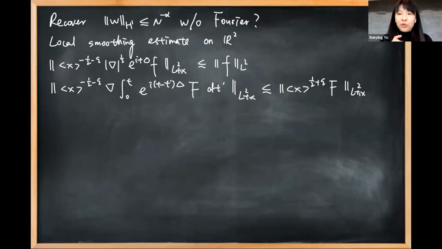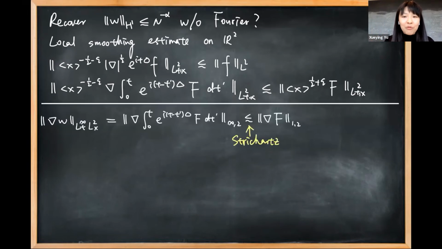So I'm going to try to present the calculation of this key estimate in the second half of my slides. Okay, three-line proof. So first, let me recall what we want to prove. We want to show the H1 norm of this Duhamel piece is very, very small. And this is the formula for this Duhamel piece, correct?